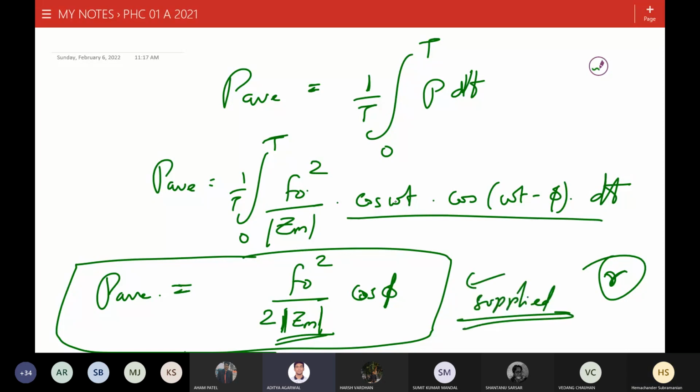Fair enough. So power supplied is not something internally related, like we are giving the power from an outside source. So whatever the resistance of the system, the supplied power will not be affected.